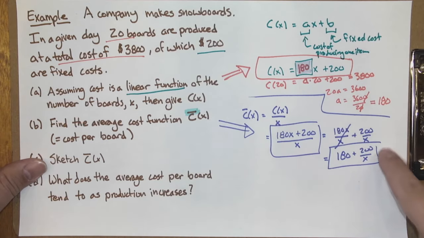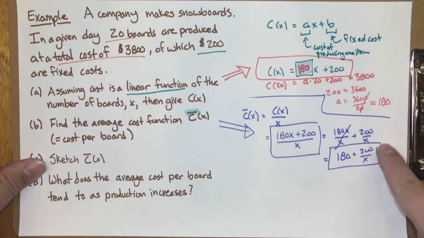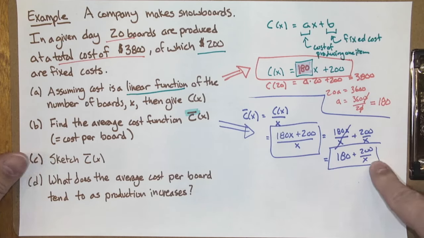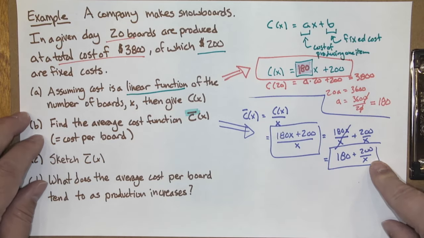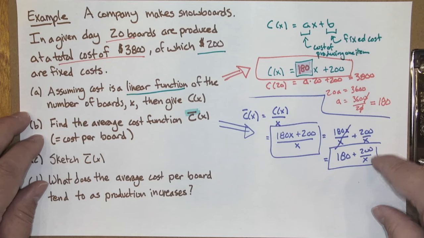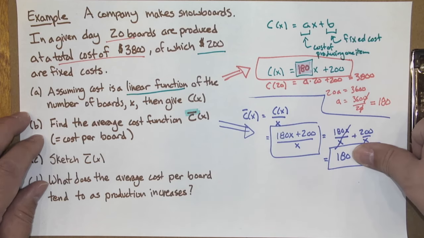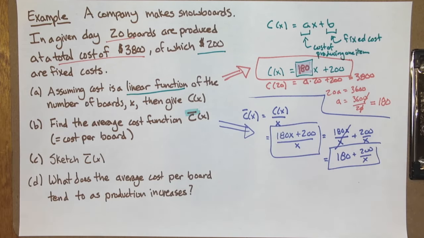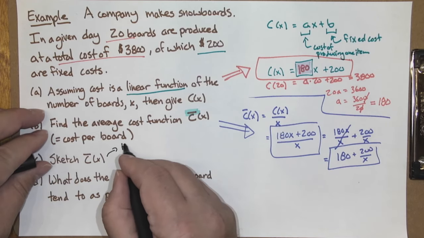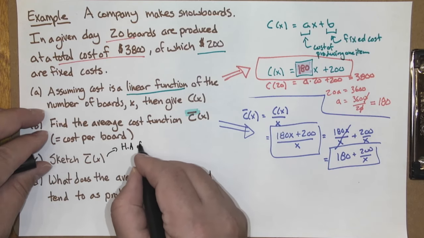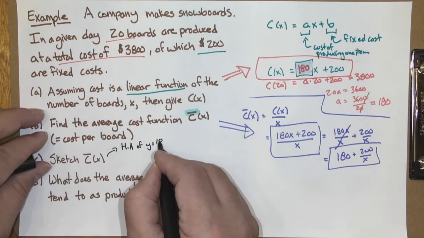If we write it in this form, we say, well, there's 180, and then what's happening to 200 over x? 200 over x does what if x is big? Because horizontal asymptote says very big values of x. What's going to happen to the 200 over x? Gets small. You're left with 180. So we know a couple of things. There's a horizontal asymptote of 180.